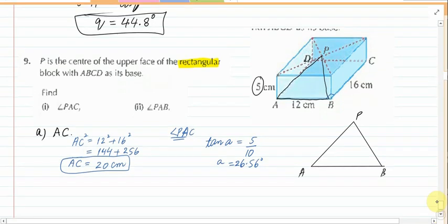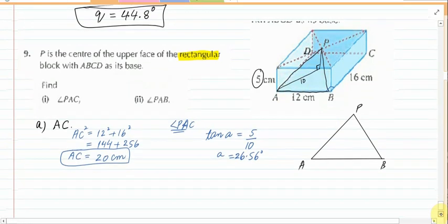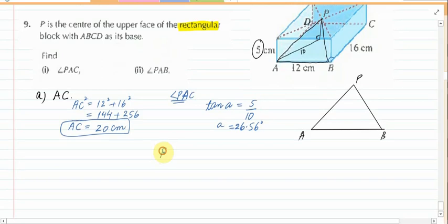How we can find it? The triangle that I drew before, removing this diagram like this, and we said that the length is 10 and the height is 5. So by Pythagoras we can find the value of PA, right? So PA square is equals to, adjacent is 10 square plus 5 square, right?